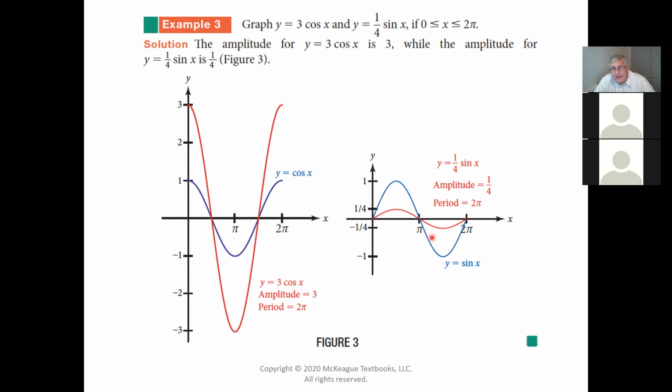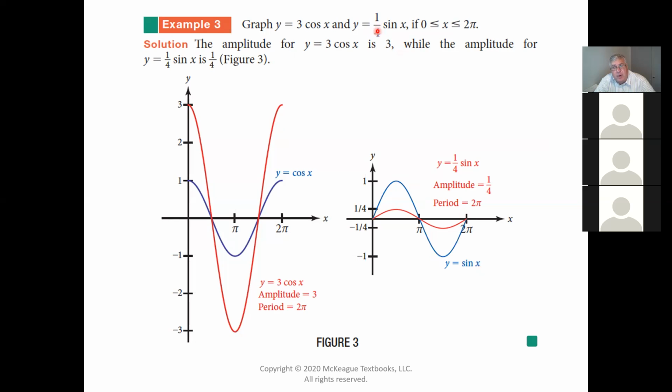For y equals sine x, what number is being multiplied by x? What number is in front of x? 1. And 2 pi divided by 1 is 2 pi. And that's why the period of y equals sine x is 2 pi.